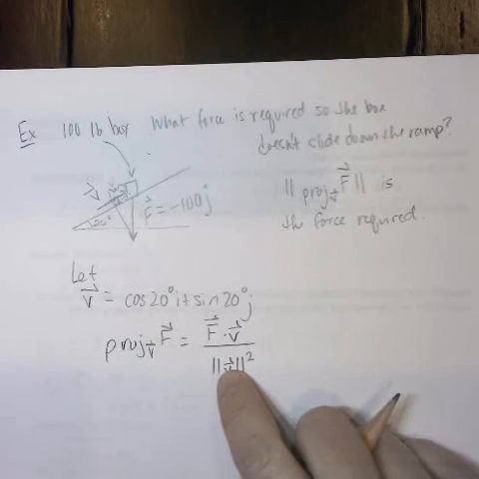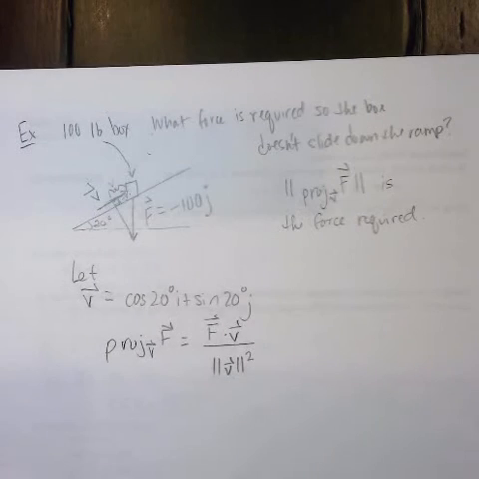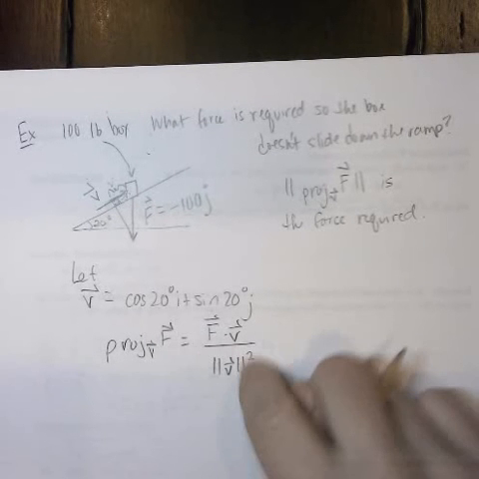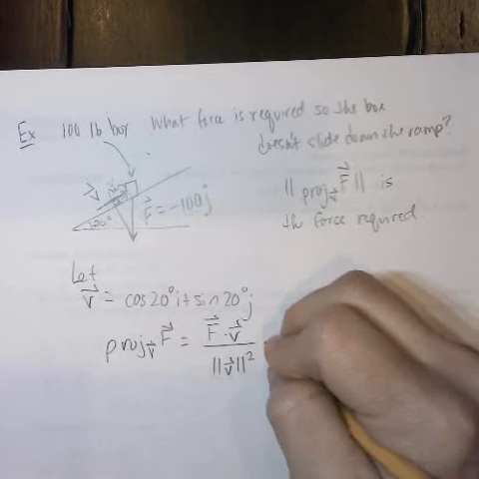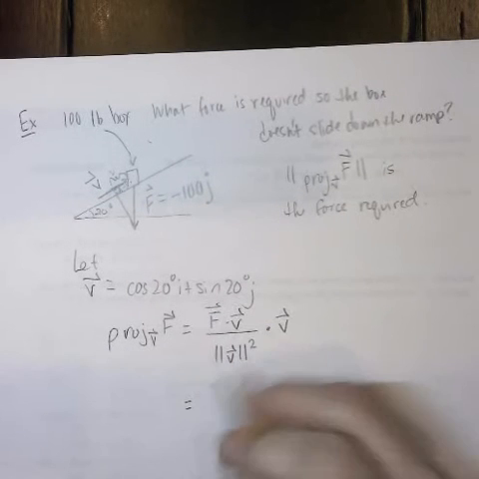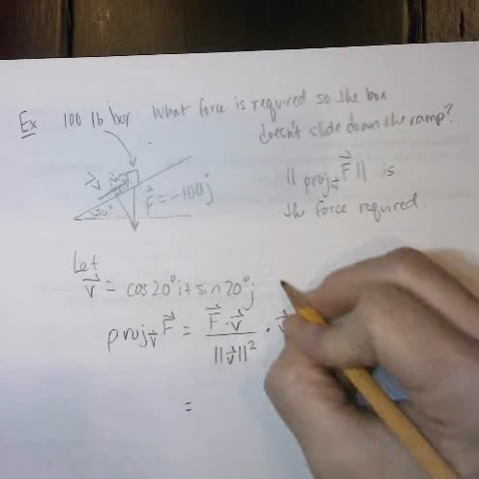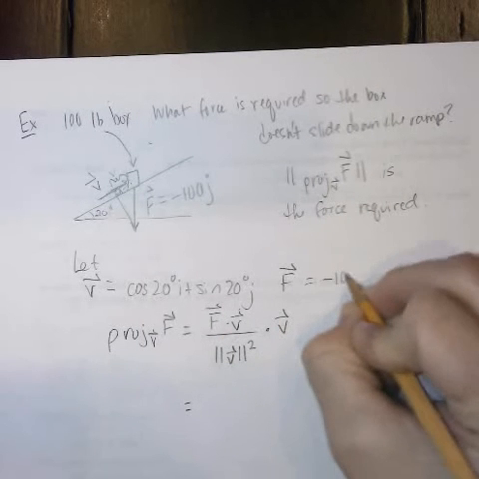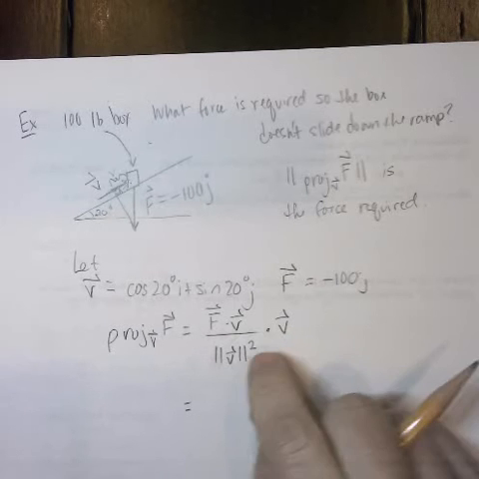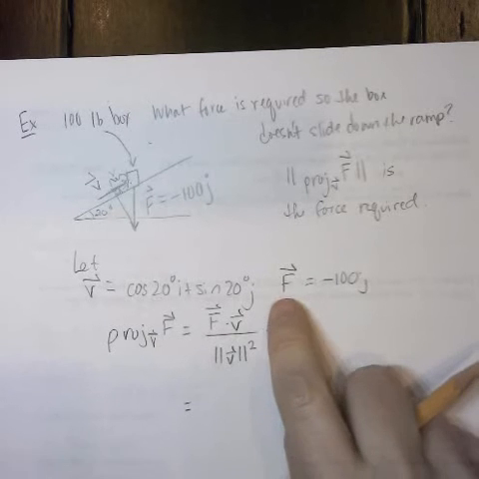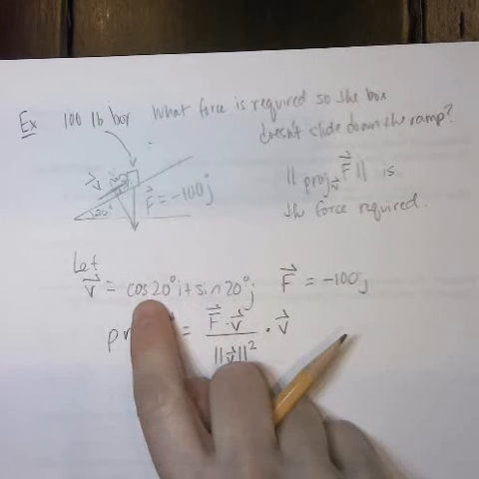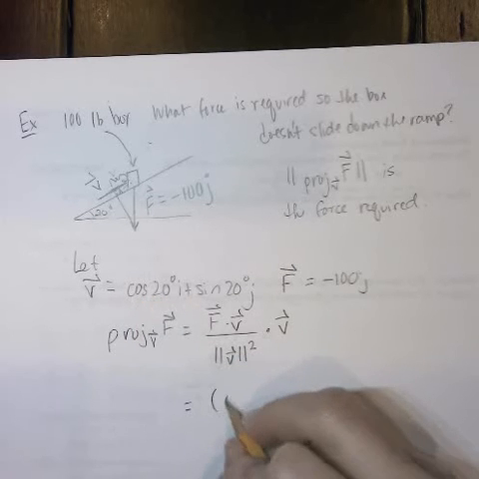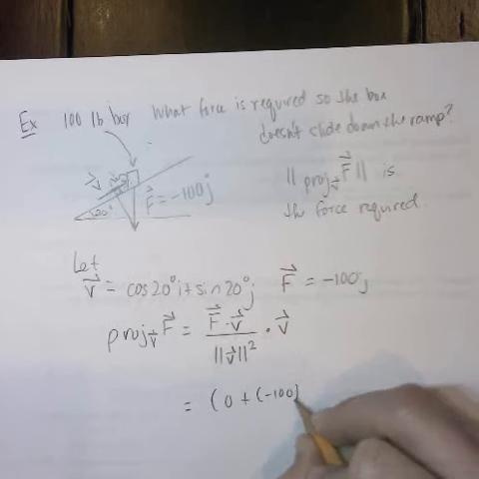Even if this weren't a unit vector, you're going to divide by that magnitude so we get the right size vector, times V. Okay, so F, remember F is negative 100j. So the horizontal component of F is 0, so 0 times cosine 20 is just 0, plus negative 100 times sine 20.